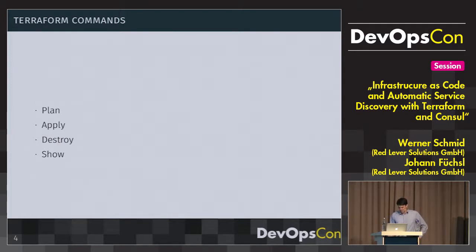Then what's also important is Terraform destroy and Terraform show. I think it's quite obvious what those two commands are doing. Destroy destroys the whole infrastructure you previously provisioned, and with show you can show details of your infrastructure like IPs of your instances and more or less all settings your infrastructure has.